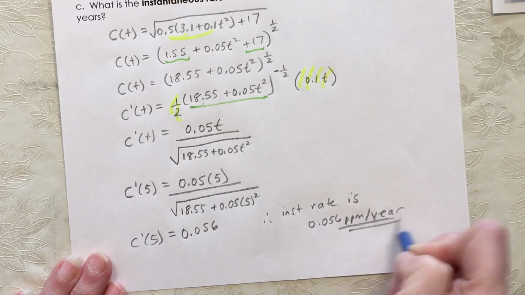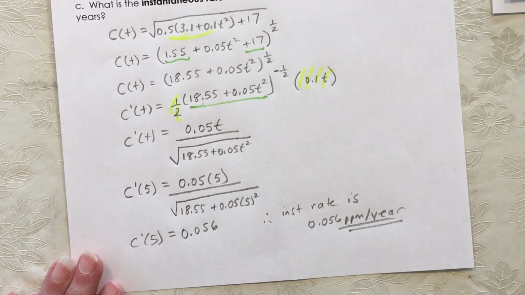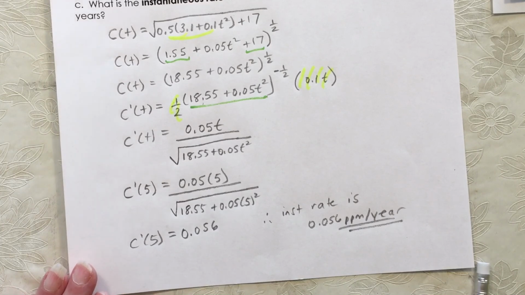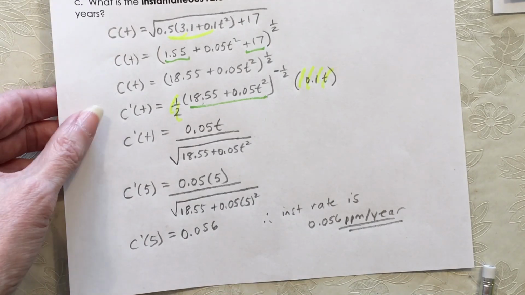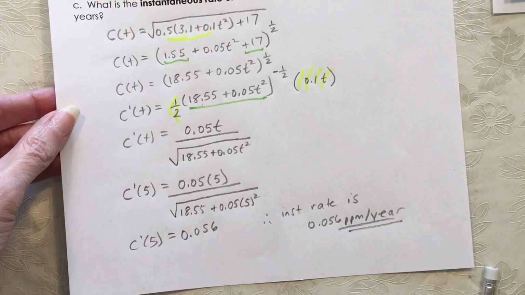Again, make sure you have units for rates of change. In this case it would be parts per million per year. All right, so that is our first lesson on the chain rule.